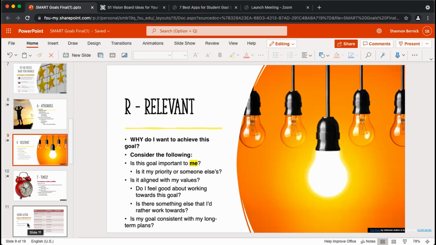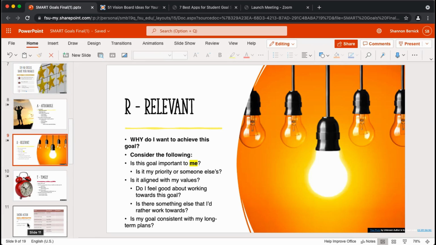So you'll want to consider, is this goal important to me, or is it someone else's priority? You also want to think about, is it aligned with my values? So, is this something that you feel good about working towards? Or is there something else that you'd rather work towards?